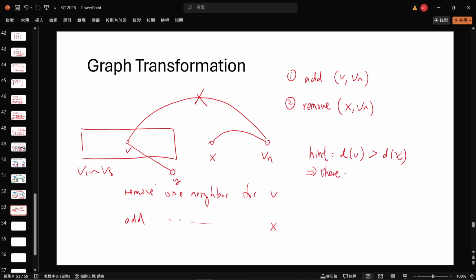So there must be a vertex Y such that Y is adjacent to V but not to x.